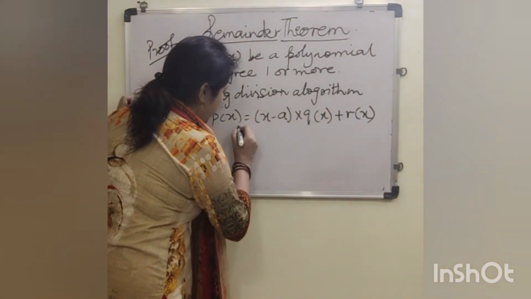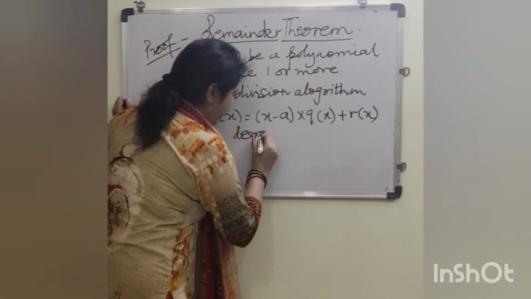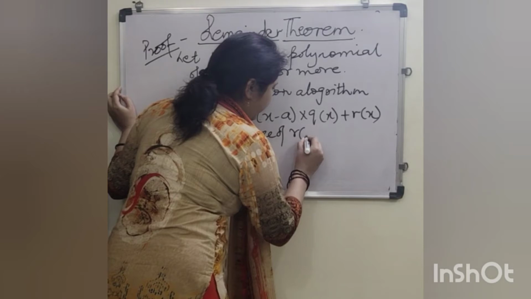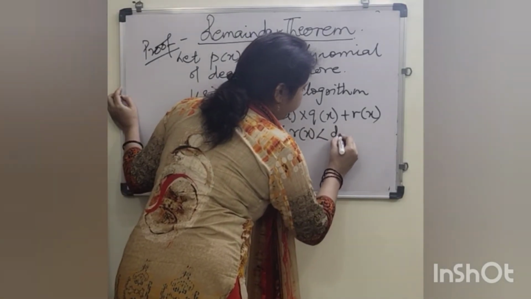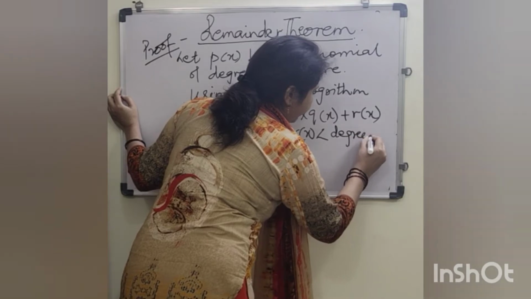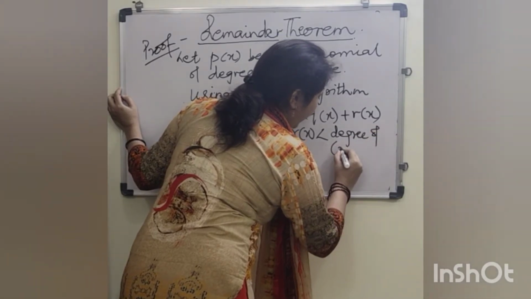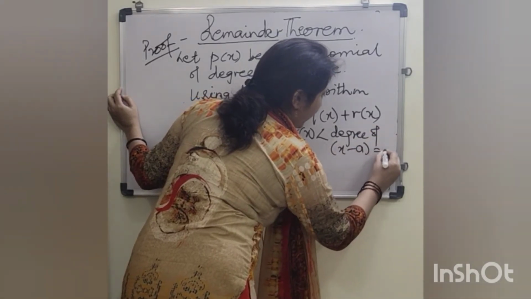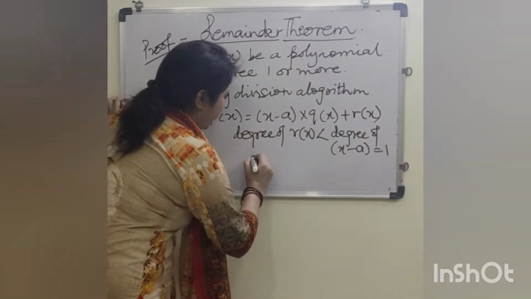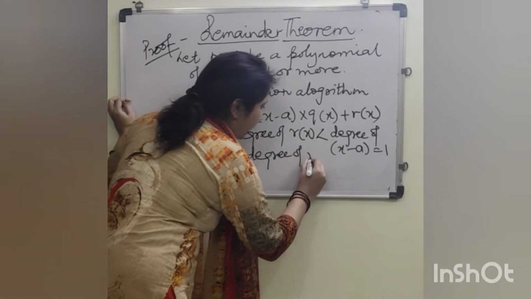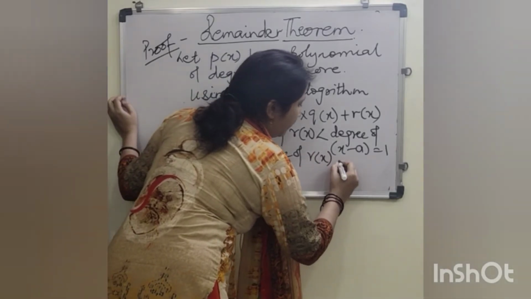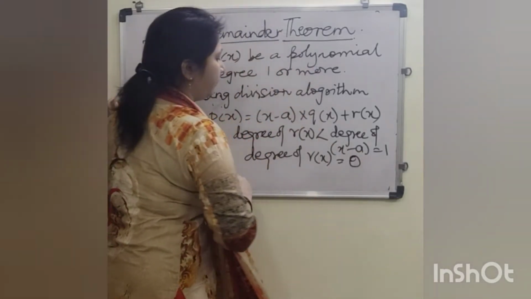What would be there? The degree of r(x) must be less than the degree of x minus a, which is 1. That means the degree of r(x) will be equal to 0.